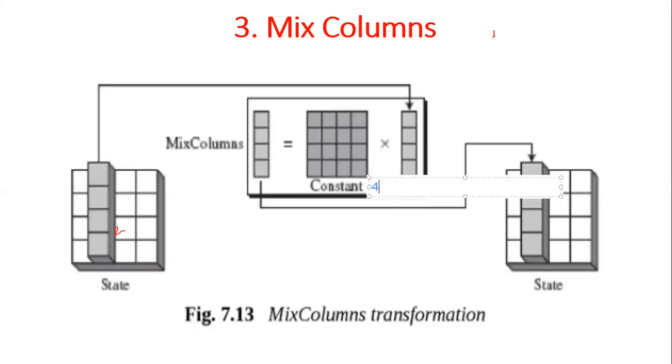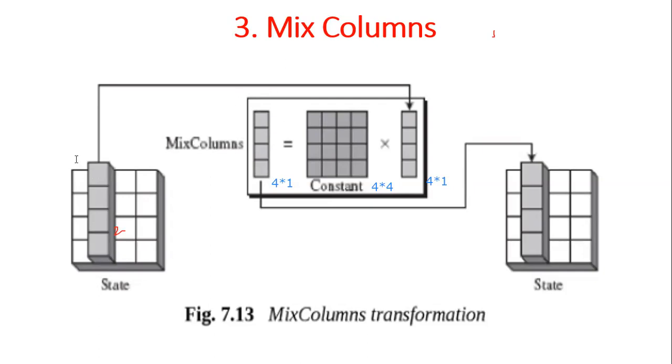This is a 4 by 4 matrix. We select one column at a time, multiply it with the constant matrix, and get the resultant column.